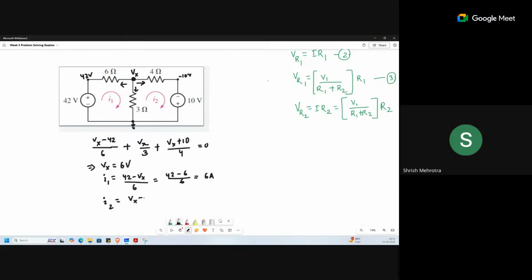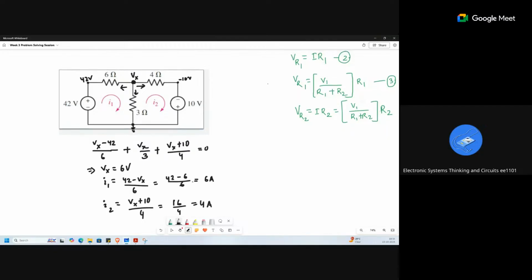So it will be 6 plus 10 upon 4, that is 16 over 4, so 4 amperes. Good. So, everyone agrees with this?